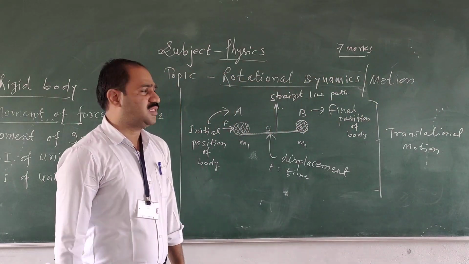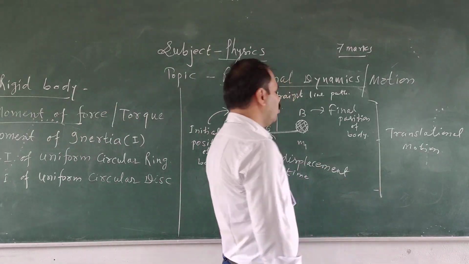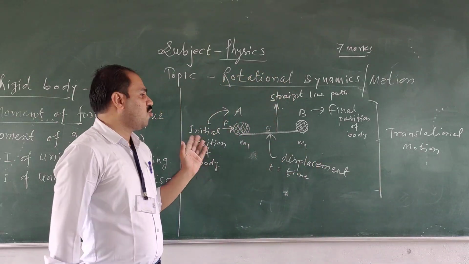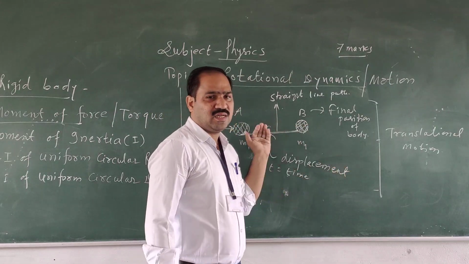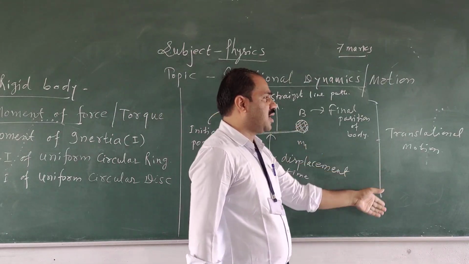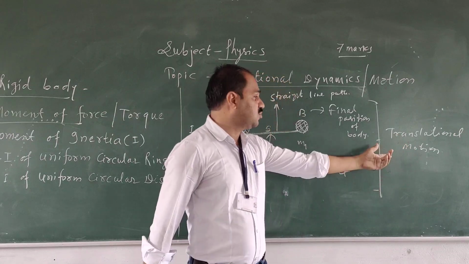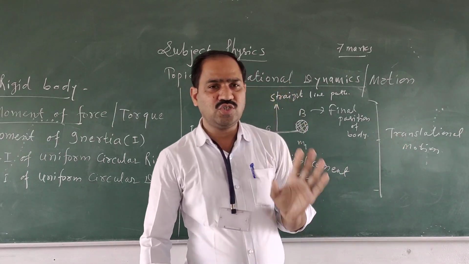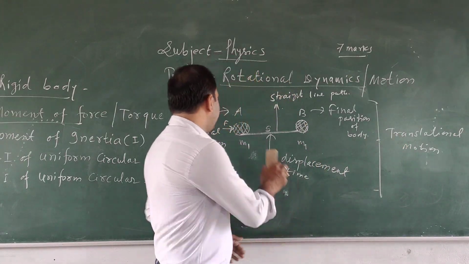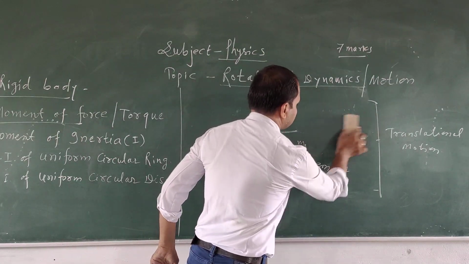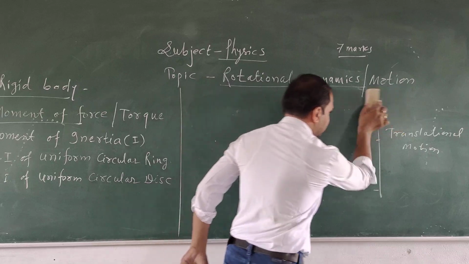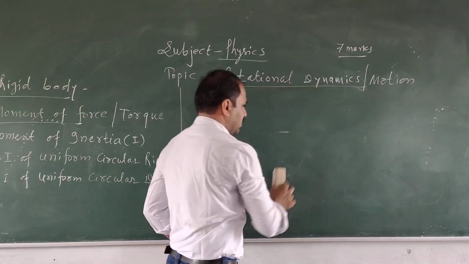But here, one thing is remarkable. When the force is applied in the straight line path, the body is moved from point A to B in the linear direction. Therefore, this motion is called translational motion. But when the force is applied in another manner, suppose now a body is considered.